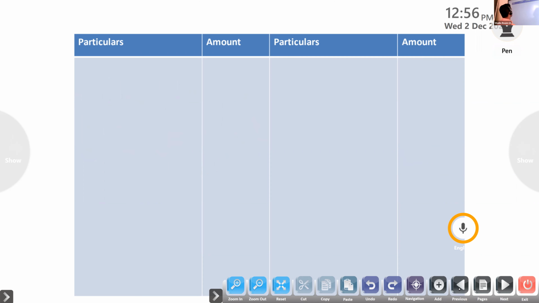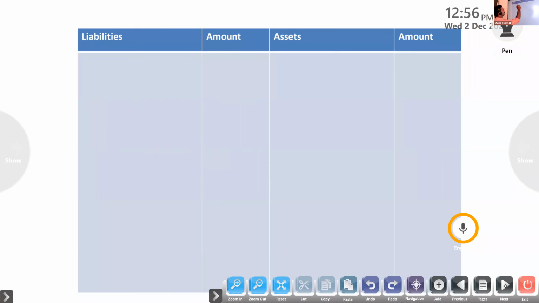Next, balance sheet liability. Balance sheet as on 31st March 2014. First, we have to look at the trial balance.